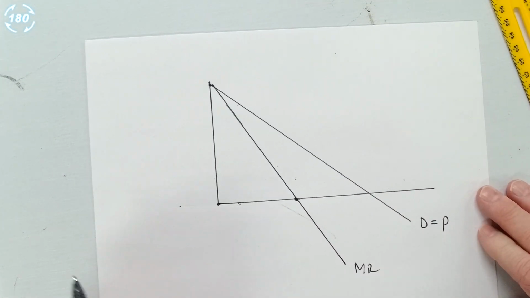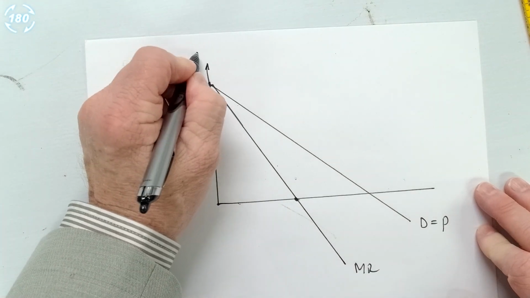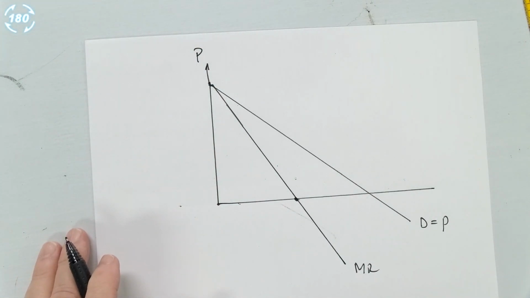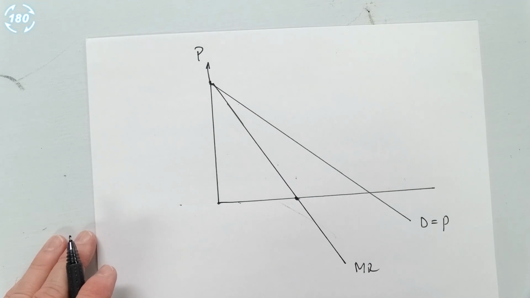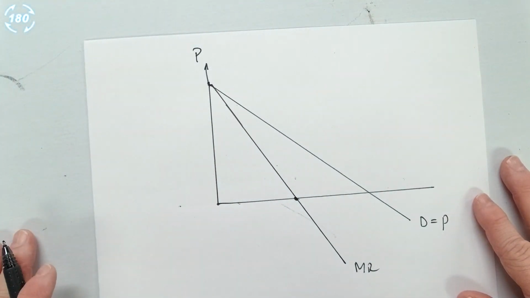Now, remember I said last time and the time before, ever since chapter 9, in the short run, you also have these U-shaped cost curves. Guess what? They don't change. The cost side of production is not affected by the demand side of the market.